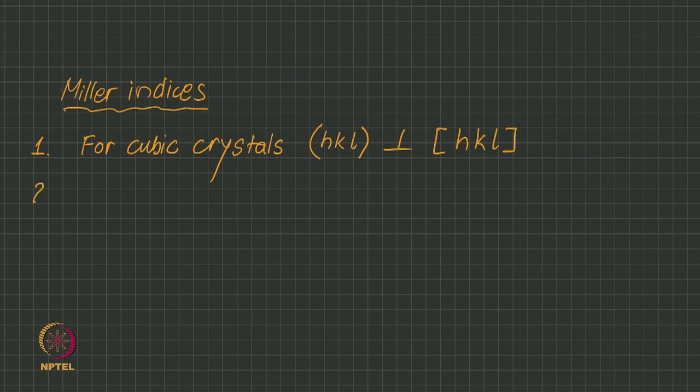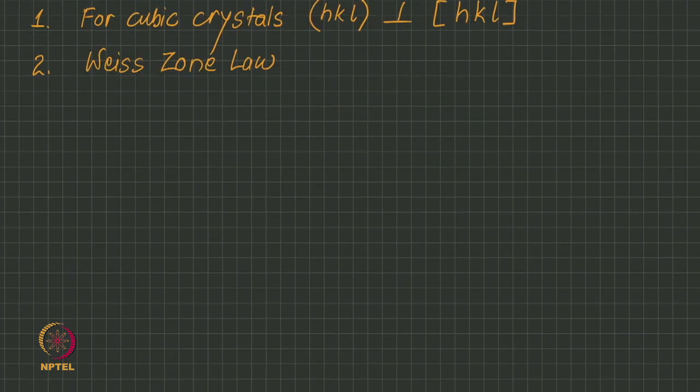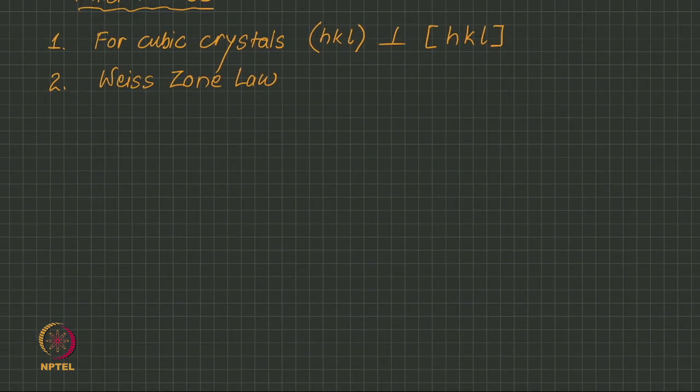We will give that proof, and the another important result is the Weiss-Jones law, which we will see. So, first let us prove this property of cubic crystal, that the HKL direction is perpendicular to HKL plane.